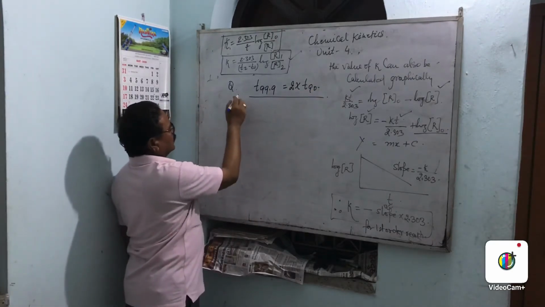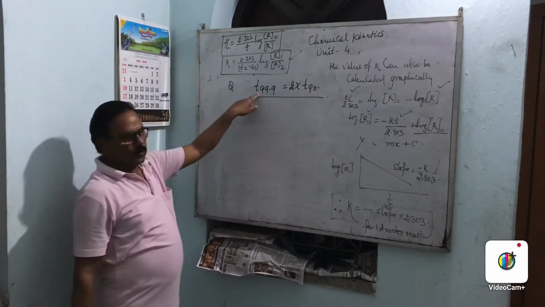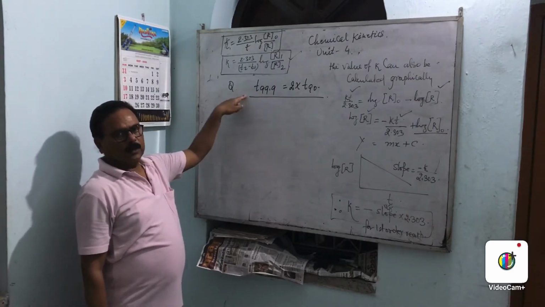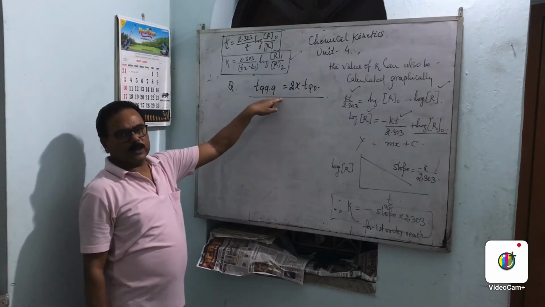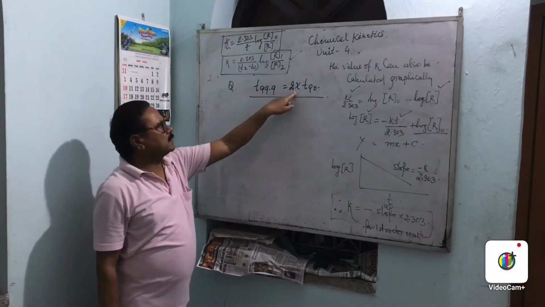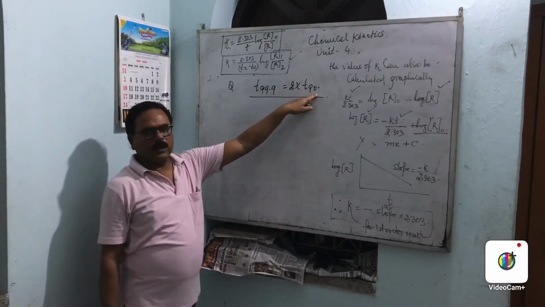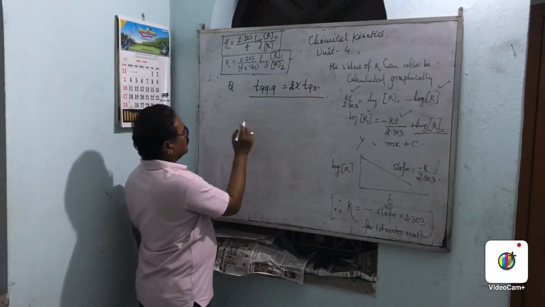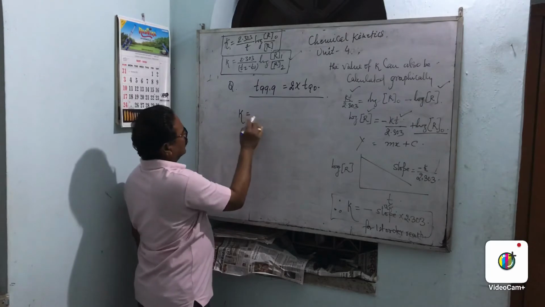You have to prove that for a first order reaction, the time required for 99.9% completion is twice the time required for 90% completion. Is that clear? So we take the equation. This is how we'll solve it.